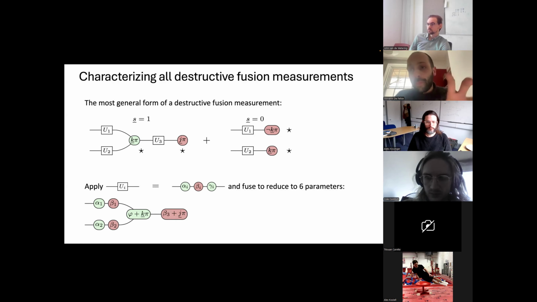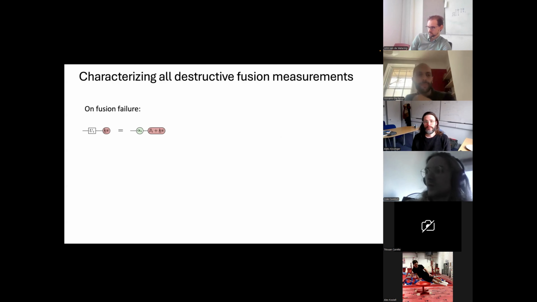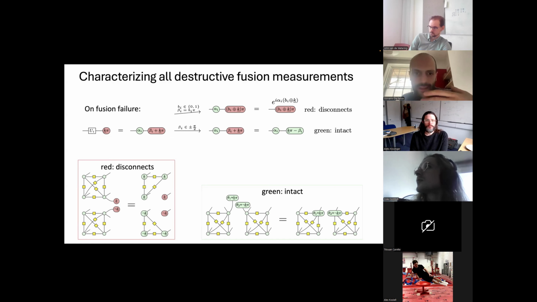So if we start from this picture, we want to see how many free parameters we have. How could we choose these U1, U2, U3? Is there some redundancy of parameters? First you can reduce already to 6 parameters, and then you want to start imposing some conditions. If you look at the failure outcome of the fusion, in the general case it can be written like this, and you will see that there are 3 cases.